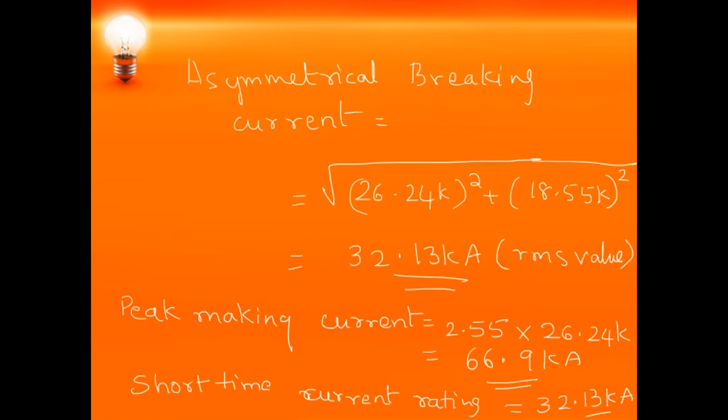These numericals explain how to calculate the symmetrical breaking component, asymmetrical breaking component, as well as the making current and the short time current rating. We will look into various other examples in the upcoming video. Thank you.